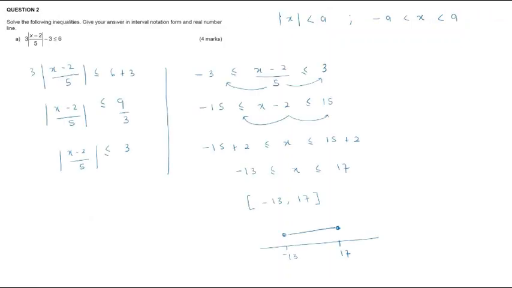Previously modulus x less than a, solution negative a less than x less than a, and now for modulus x more than a, solution is x more than positive a and x less than negative a. So first solution, 3 minus 2x over x minus 1 more than positive 3. And then the second solution is 3 minus 2x over x minus 1 less than negative 3.